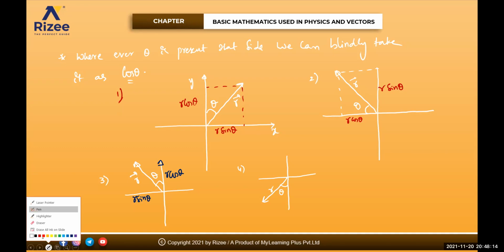Dheeraj, chapna na. Y is cos theta, x is sin theta. That means down, this will be your r cos theta. Negative x-axis r sin theta. Clear?